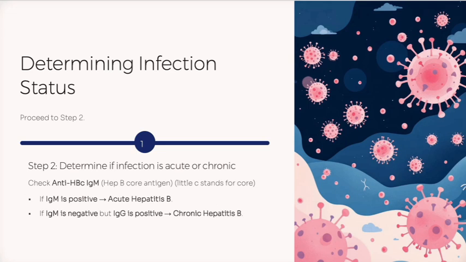If you have HBsAg positive and IgM positive, that is acute hepatitis B. If the IgM is negative but the IgG is positive, you have chronic hepatitis B. Sometimes I used to confuse the two, and the way I remember to separate them is M stands for moment, in the moment, and G stands for gone, so chronic. So HBsAg positive, IgM positive, acute infection. IgM negative, IgG positive, chronic hepatitis B.